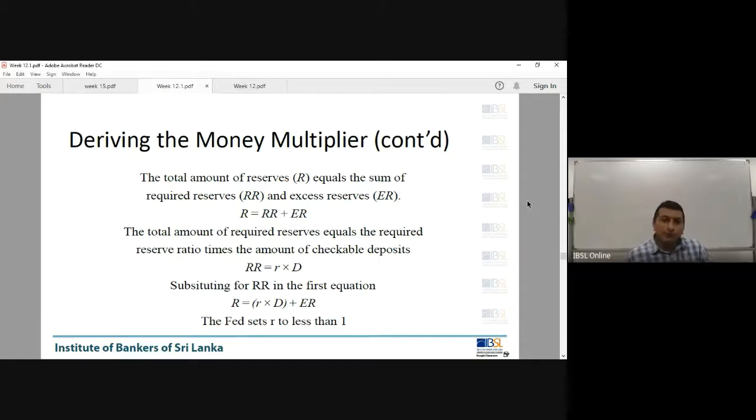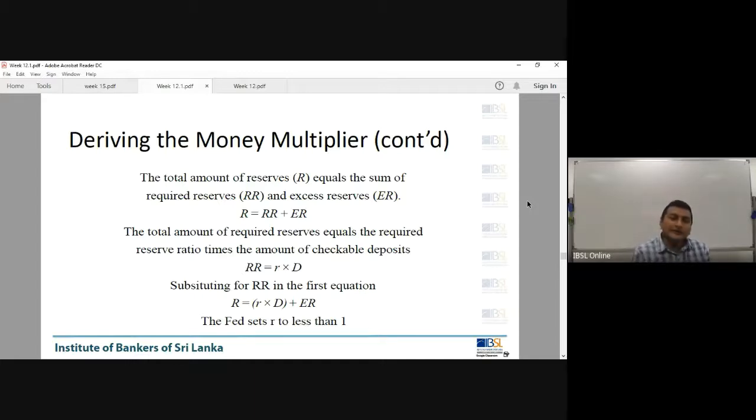So now you already have the reserves equation, R equals RR plus ER, and RR is nothing but small r times D. So you substitute this small r times D into the reserves equation. Then you see R equals small r times D, that is required reserves, plus ER, excess reserves.